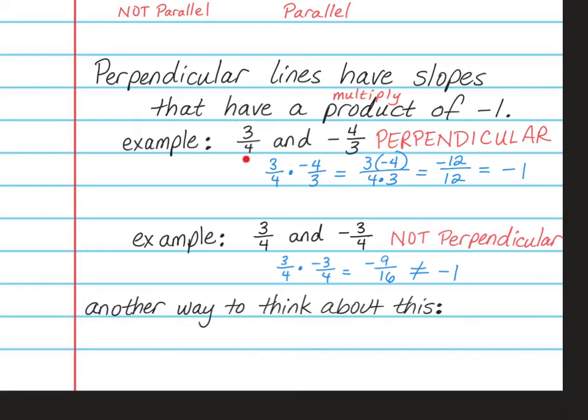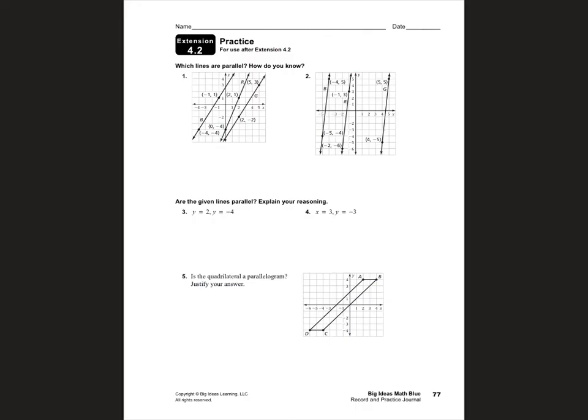And when we have opposite signs, a positive sign and a negative sign, it's the opposite reciprocal. So if you have two slopes that are opposite reciprocals, then the lines will be perpendicular. Please turn in your journals to page 77.